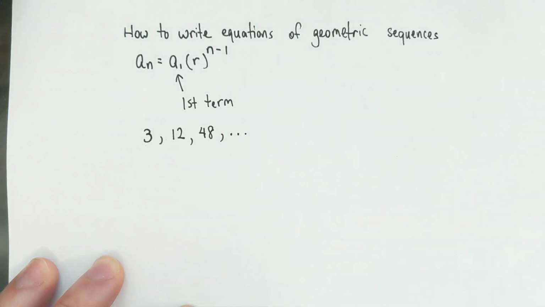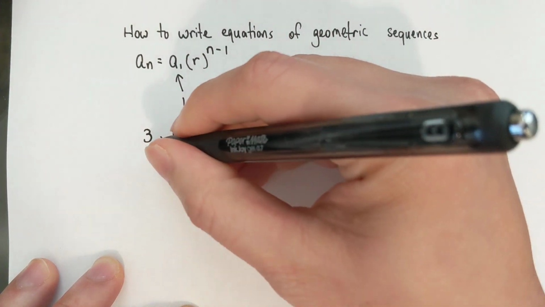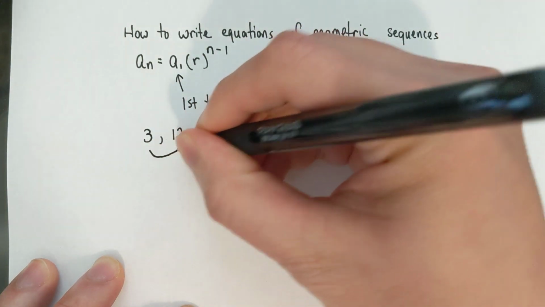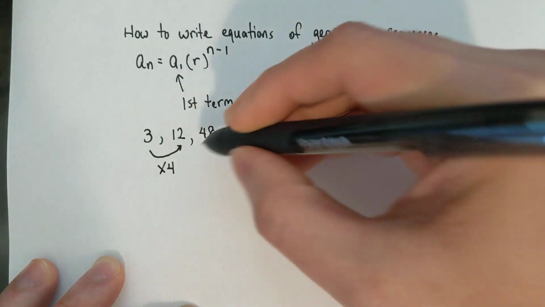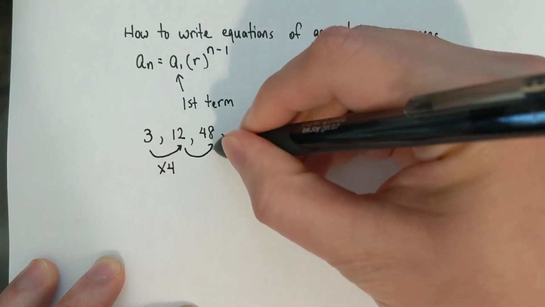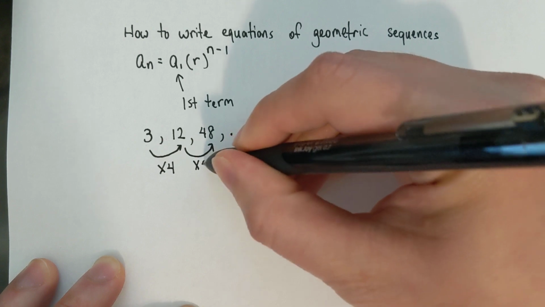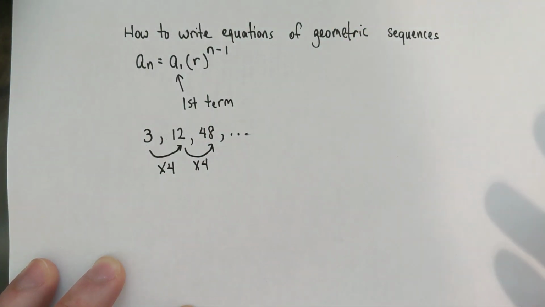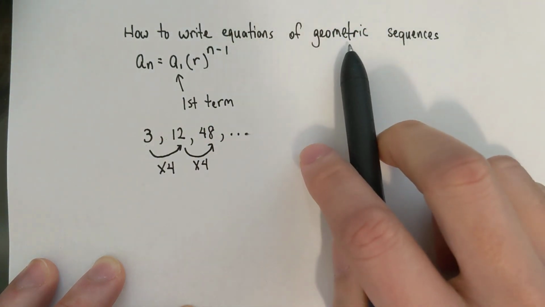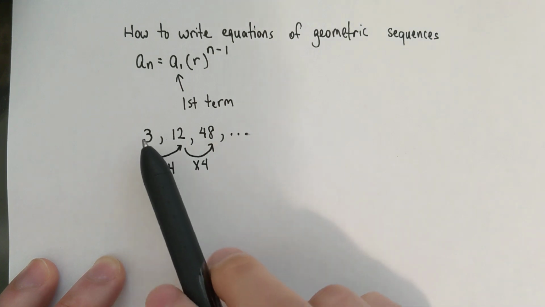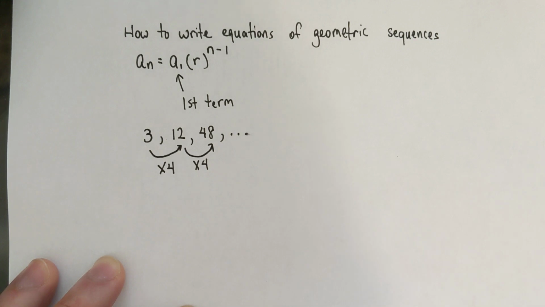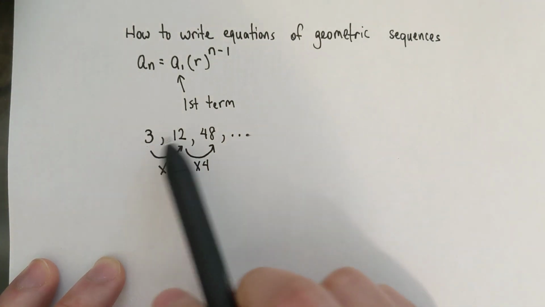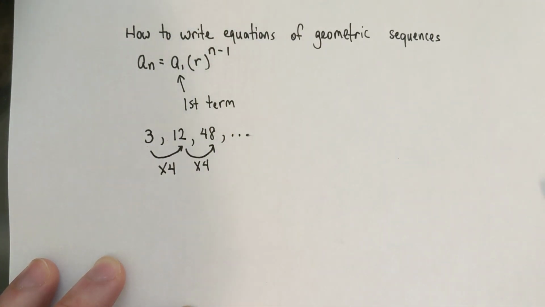To go from 3 to 12, that is times 4, and to go from 12 to 48, you also multiply by 4, and we assume the pattern repeats forever. That's a geometric sequence because you multiply by the same number over and over again to get to the next number. Hence, this sequence is geometric.